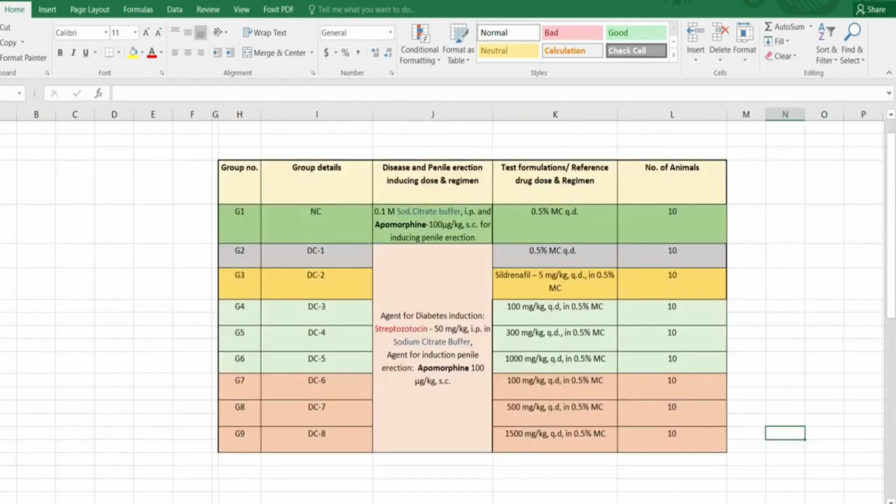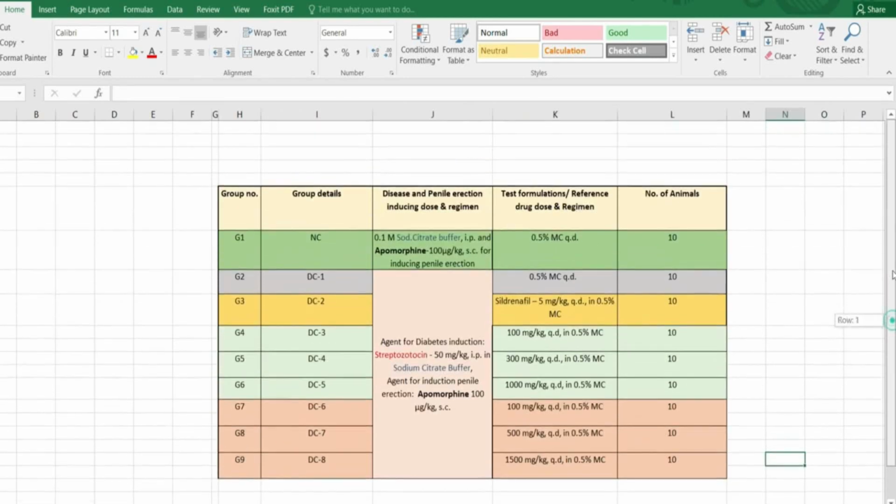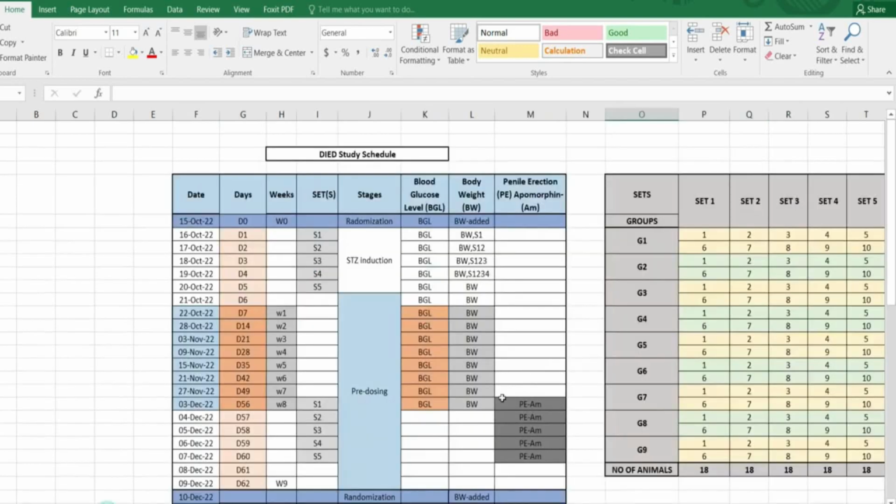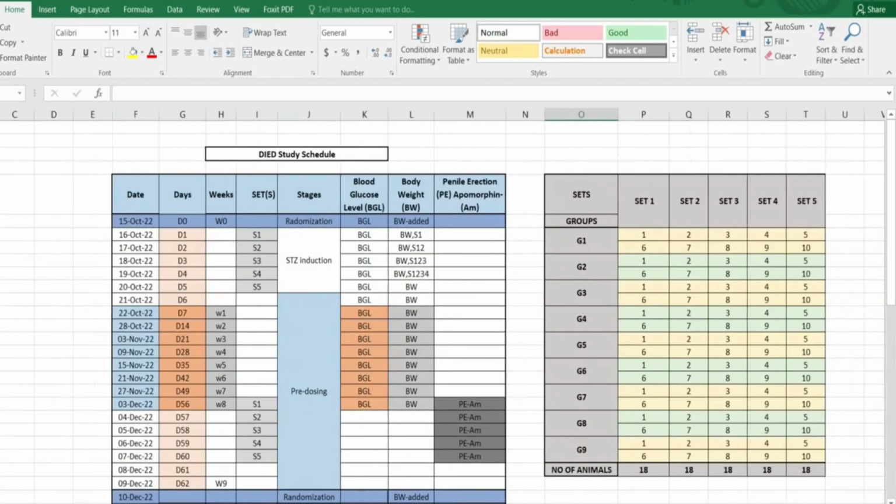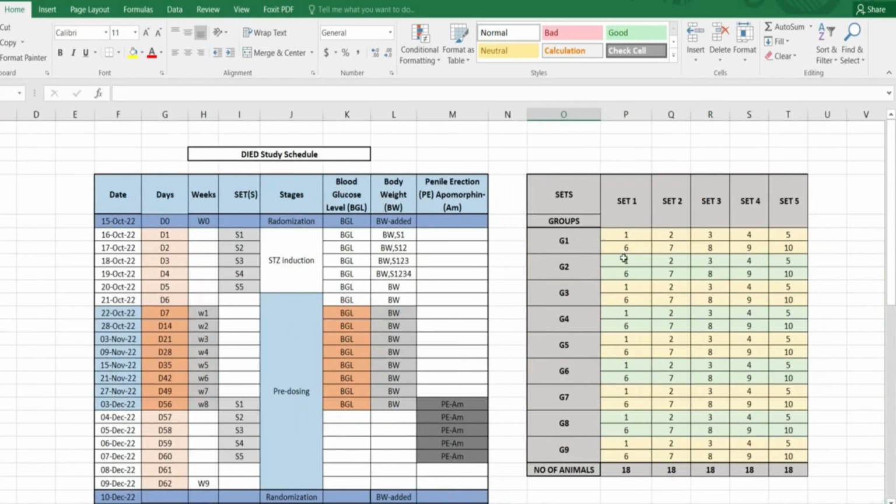Now our first step is to induce the animals with diabetes. For that, we have to exclude the normal control from all the animals, so that group has to be separated from the rest, and in all the remaining animals we have to induce diabetes.